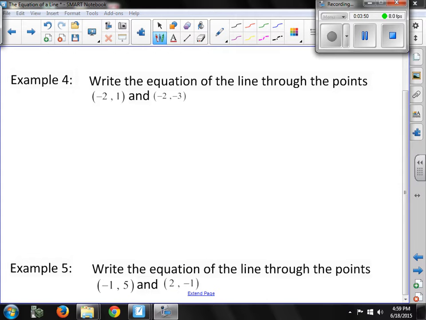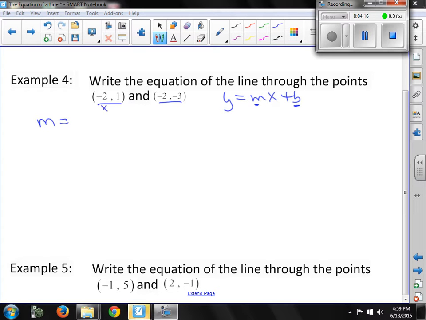Example 4. Write the equation of a line through the points. Now, y equals mx plus b. That's what I want to end up with. I don't even know the m in this case, and I don't know the b either. So this is a more involved problem. I can find m, though. If I have 2 points on a line, I know I can always find the slope.